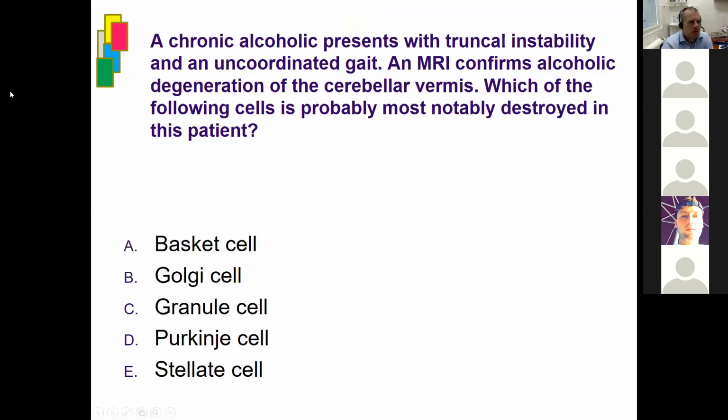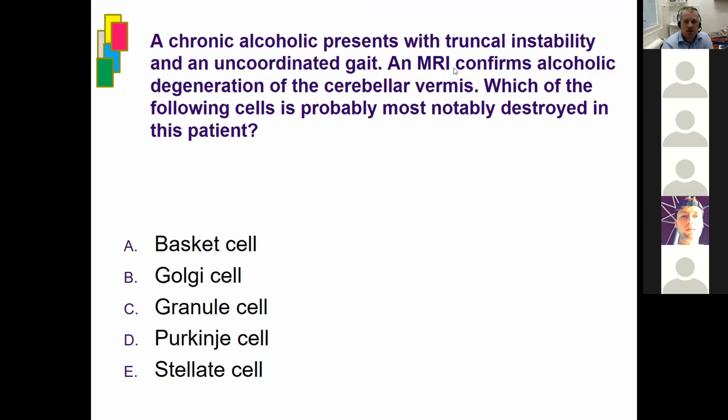Again, we have another topic here, and I will relaunch the polling. You have a chronic alcoholic. He is unstable in motion and in gait, and lacks coordination of movements.